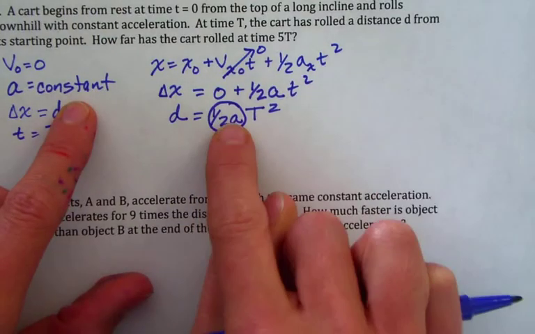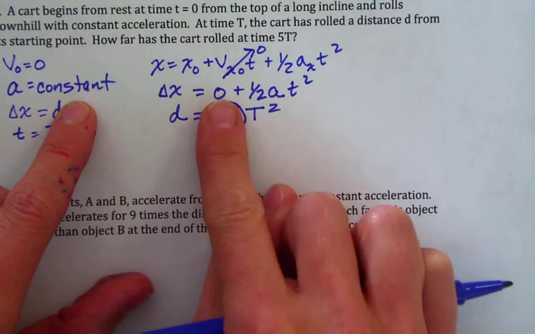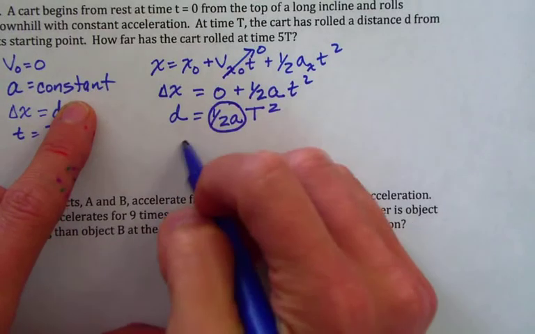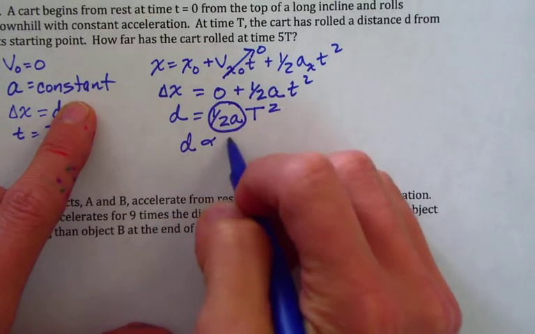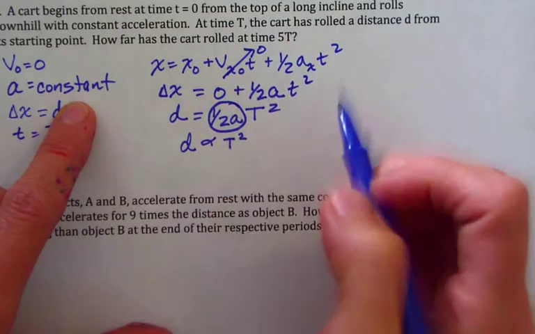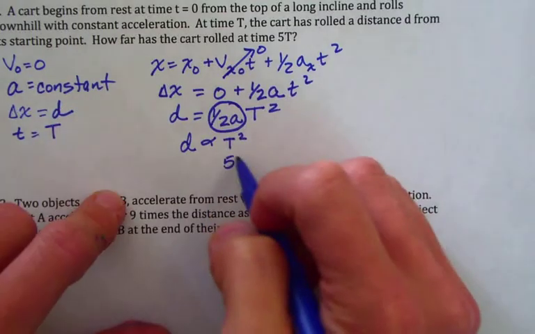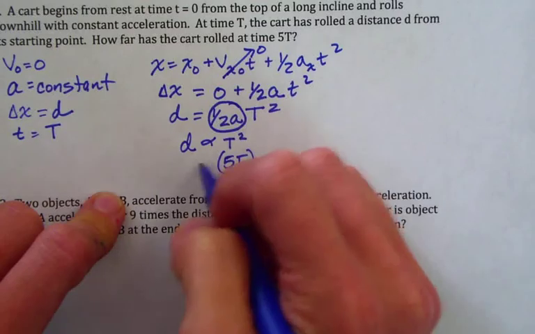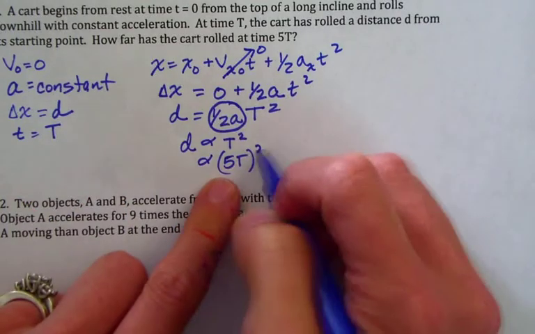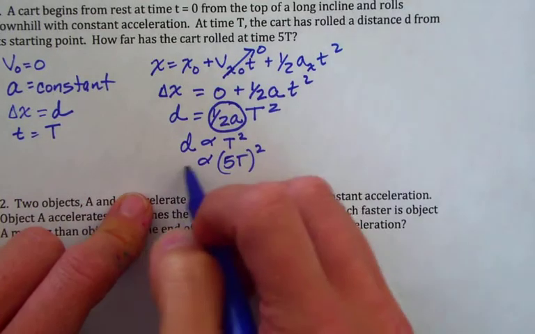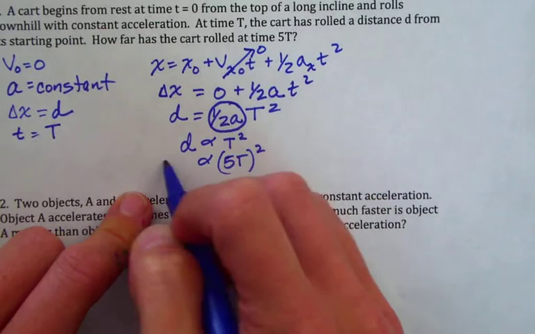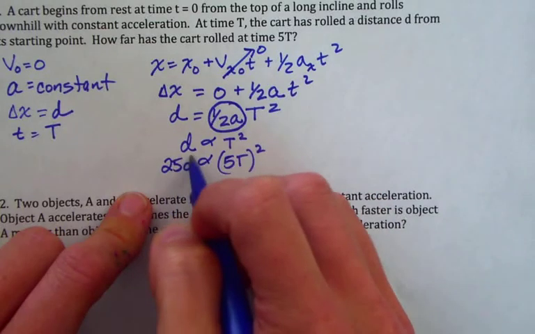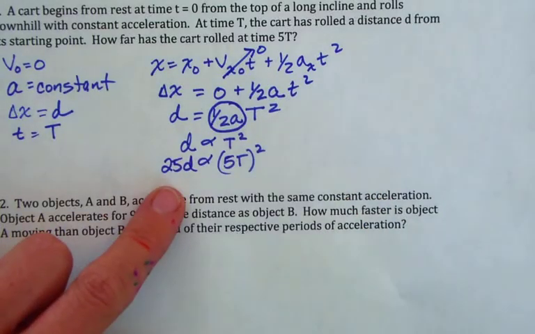All right, so what I'm doing is I have some constant times t squared, and what that tells me is that d is proportional to t squared. So if I'm multiplying the t by 5, then essentially what's happening is that 5 is going to be squared, and then I need to have my d be 25 times as large.